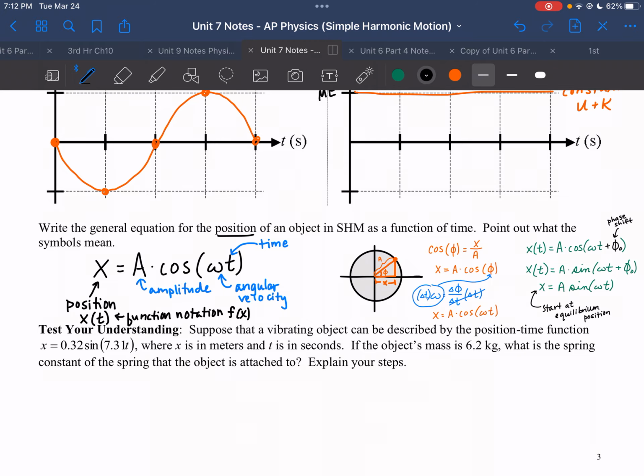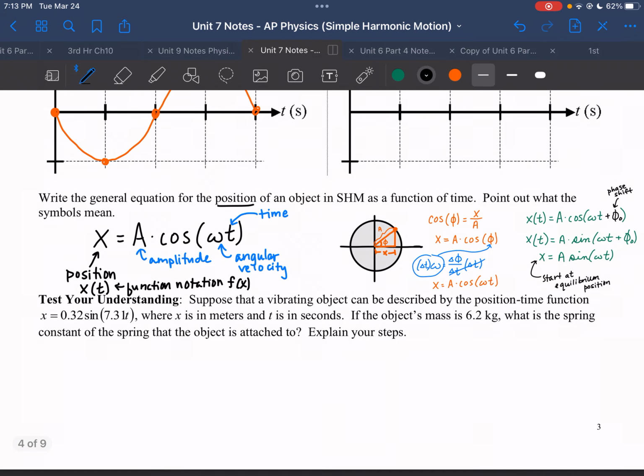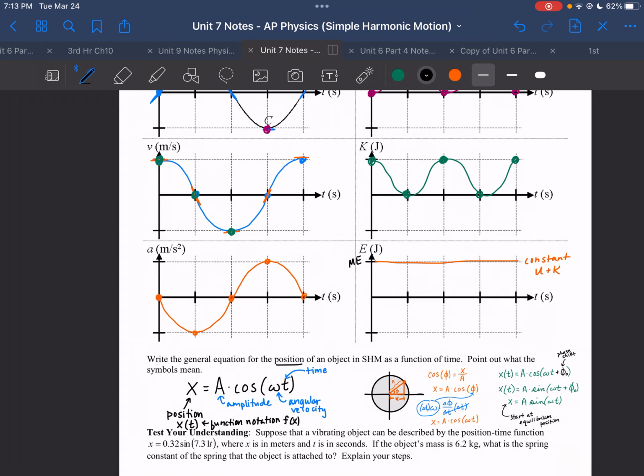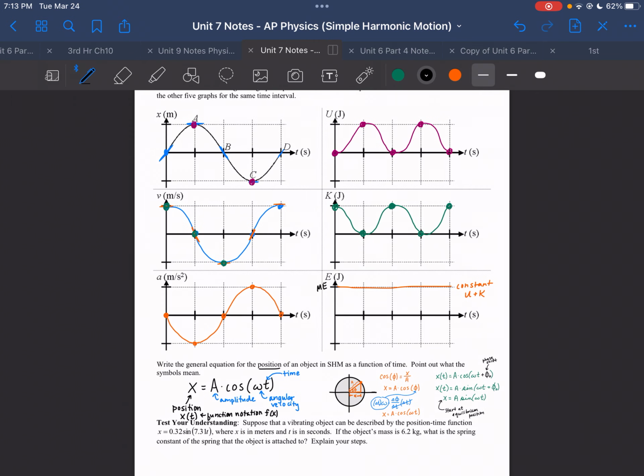Regardless, they do give you the same functions. So if you wanted to write out the graph for this position versus time, you can use the amplitude. That's going to be how far away. So if this had been 5, you would put a 5 in here, times the cosine of whatever the angular velocity is times t. And that would write out the equation for you.